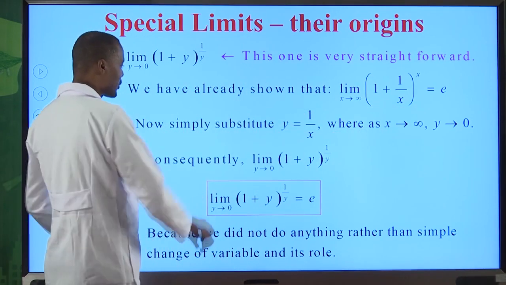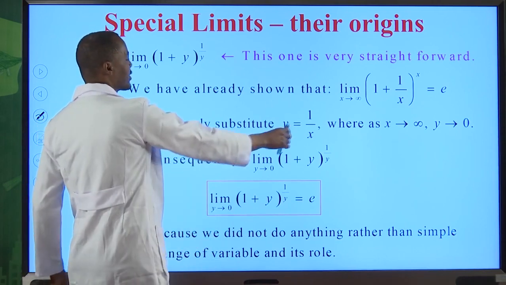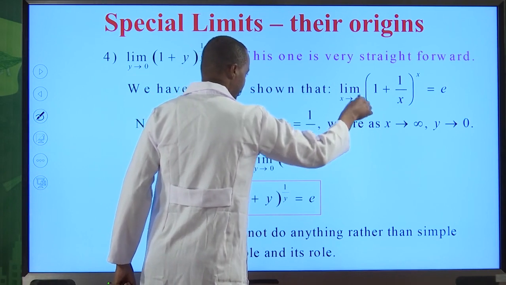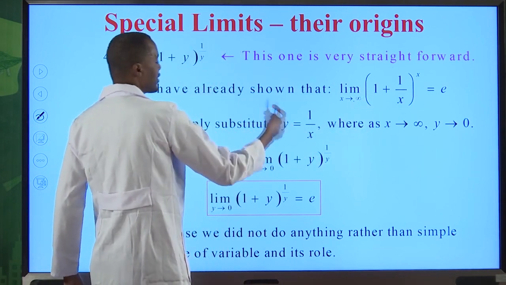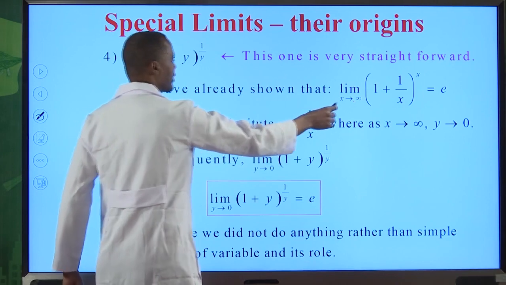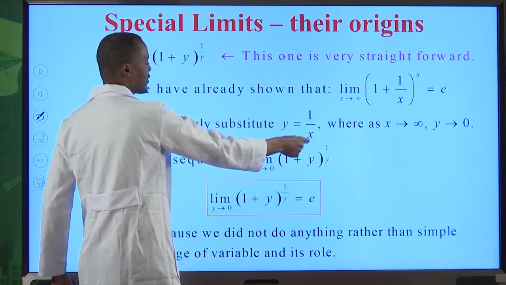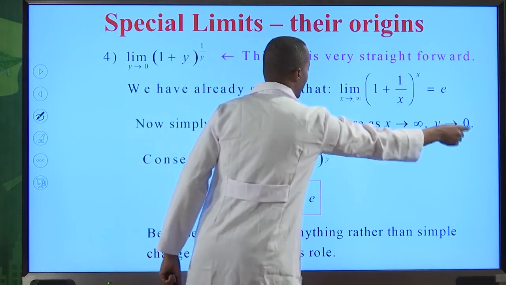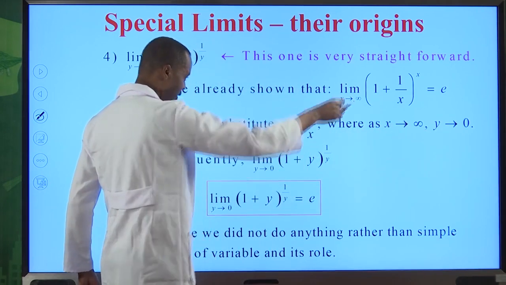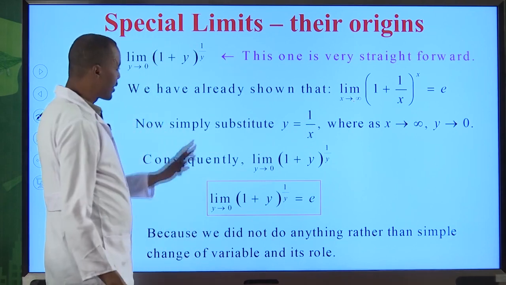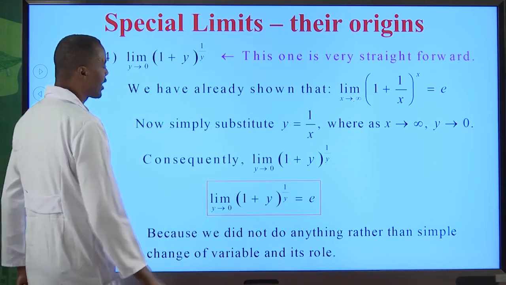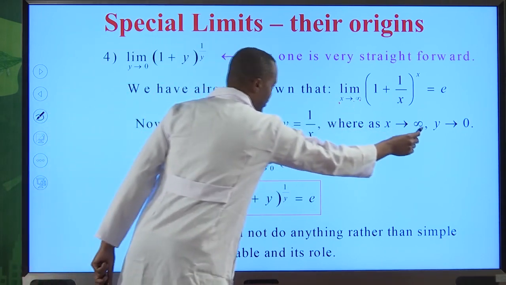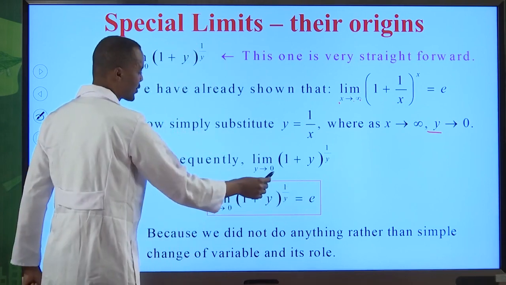And now I want to make a substitution that y is equal to 1 over x, where x approaches infinity in this case, because y is now redefined to be 1 over x, which in turn is equal to 1 over infinity. So x approaching infinity means y must approach 0. That is because 1 over infinity approaches 0. So by directly substituting everything I have, instead of x approaching infinity, I will substitute with my new variable: y approaches 0.